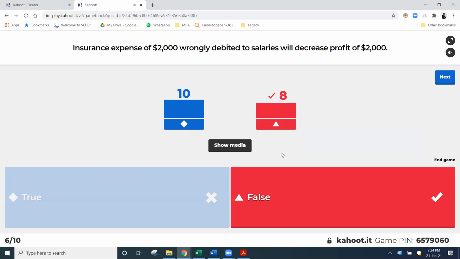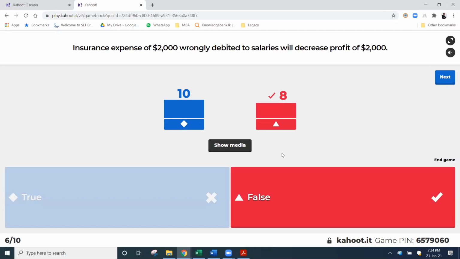Insurance expense, if it is debited to salaries, it doesn't affect the profit. Why? Because insurance is also an expense. If you record it in the insurance account, that will also be an expense. Salaries also will be an expense. So it's only a change in the account, so it doesn't decrease the profit.